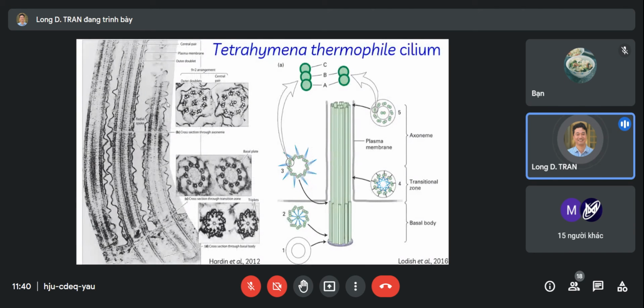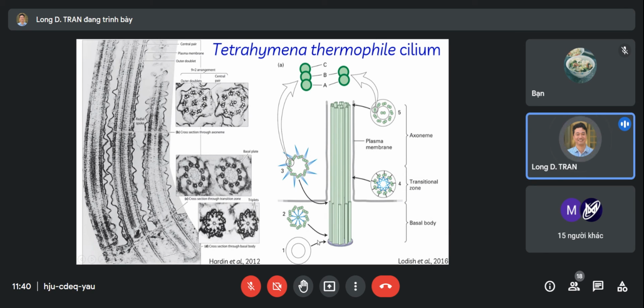The other structure made by microtubule is the flagellum. The structure of flagellum and cilium are the same. They have the same structure, and it depends on the region of the flagellum or cilium.